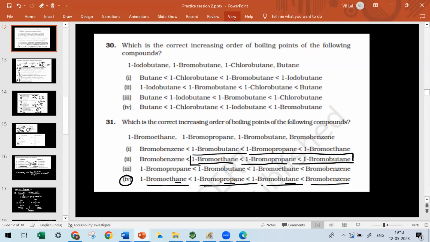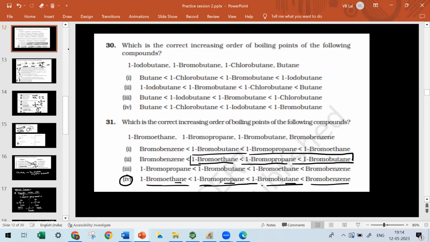Okay. Now here, look at the 30th one. In the 30th one, you have to see the difference between the 30th and 31st. In the 31st, the halogen is always the same, that is bromo, bromo, bromo.